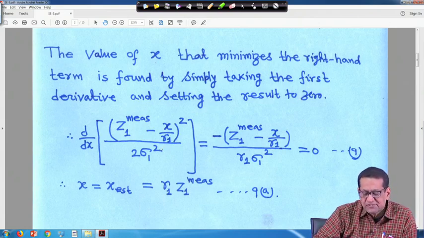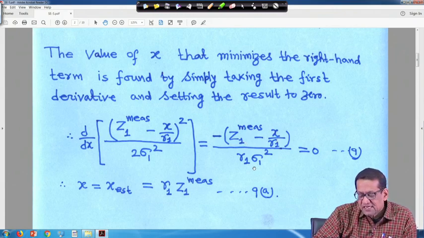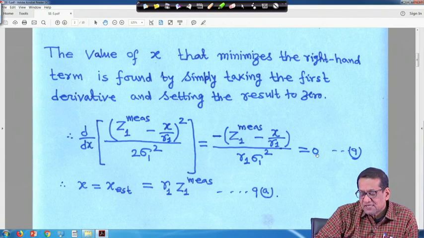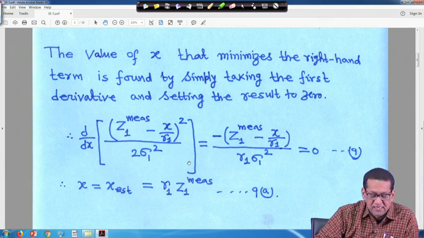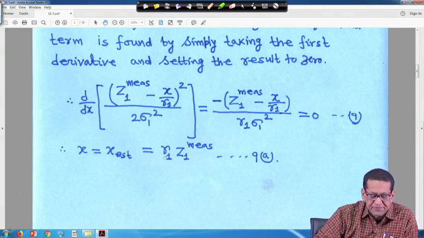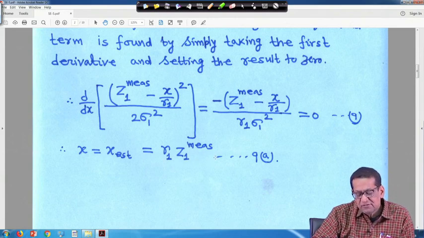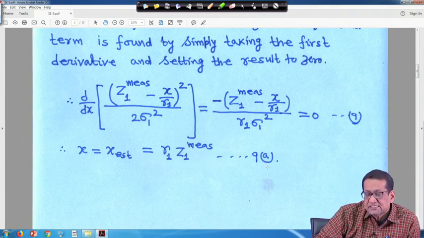The right hand side is 0, so it will come: minus Z1 measure minus x upon R1, in brackets, divided by R1 sigma 1 square, is equal to 0. This is equation 9. Solving this, with x equal to x estimated, the estimated value is simply x estimated equals R1 into Z1 measure. This equation I have marked as 9a.